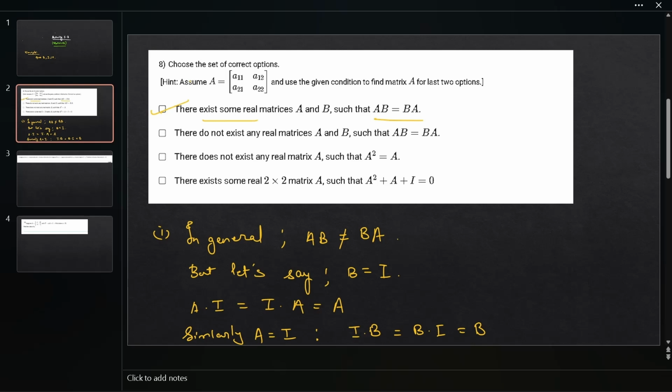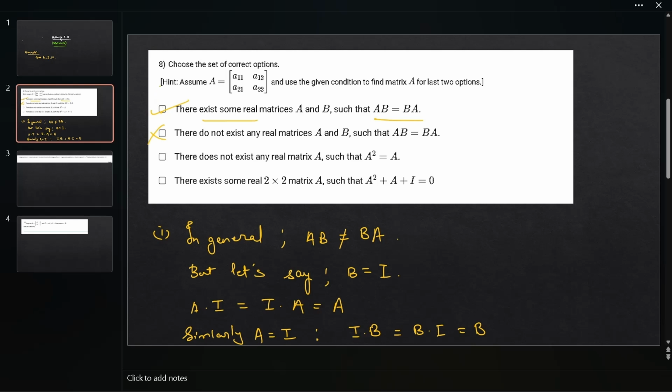Yes, in general it's not true, but it's not correct to say that it cannot happen anytime. So option number 2 is incorrect, that they do not exist. Because they do not exist corresponds to there being no such example, and we have just seen that there are some examples.